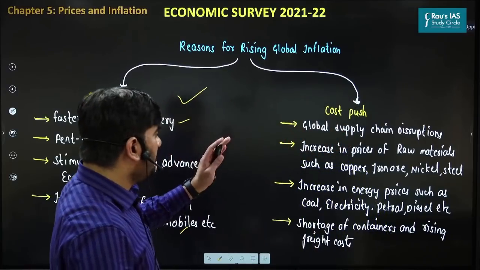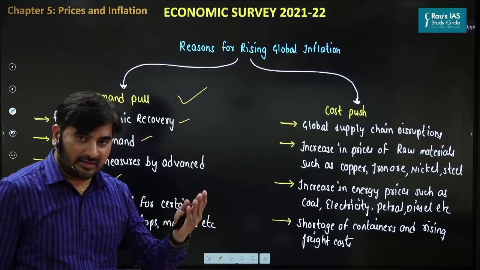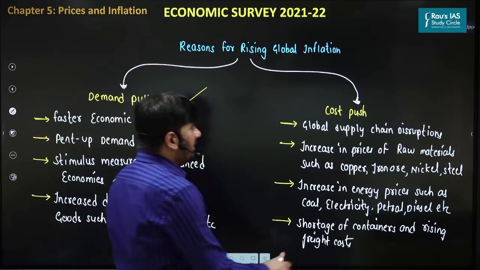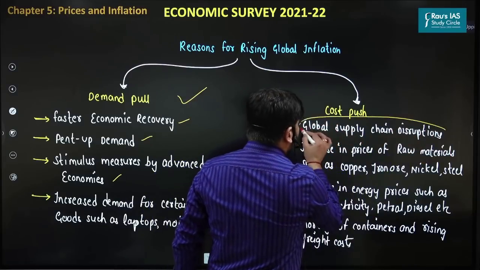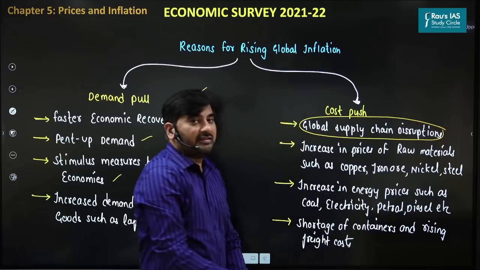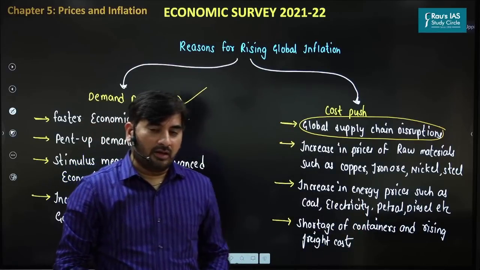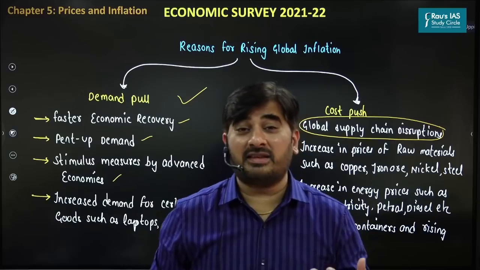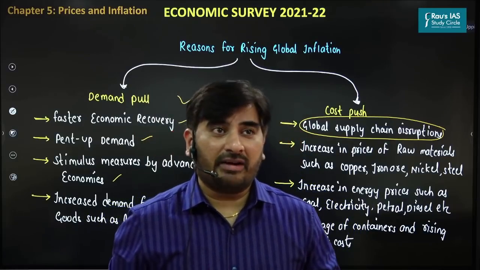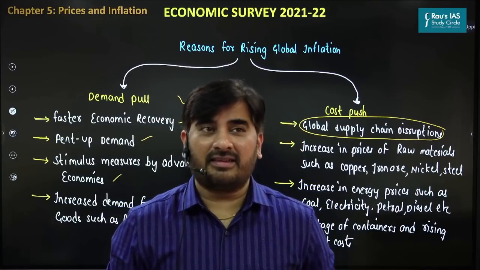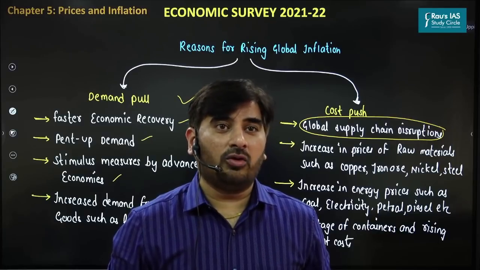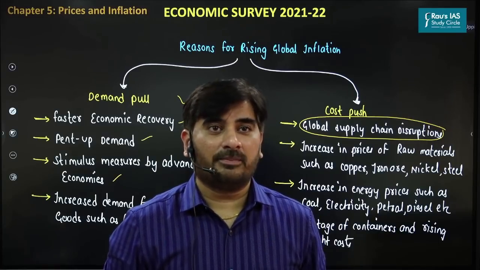As far as the cost push factors are concerned, in the last class we have already discussed that there is a global supply chain disruption. Because of this disruption, we are facing a shortage of certain raw materials such as semiconductors. Apart from that, there has been a drastic increase in the prices of raw materials like copper, iron ore, steel, and so on.